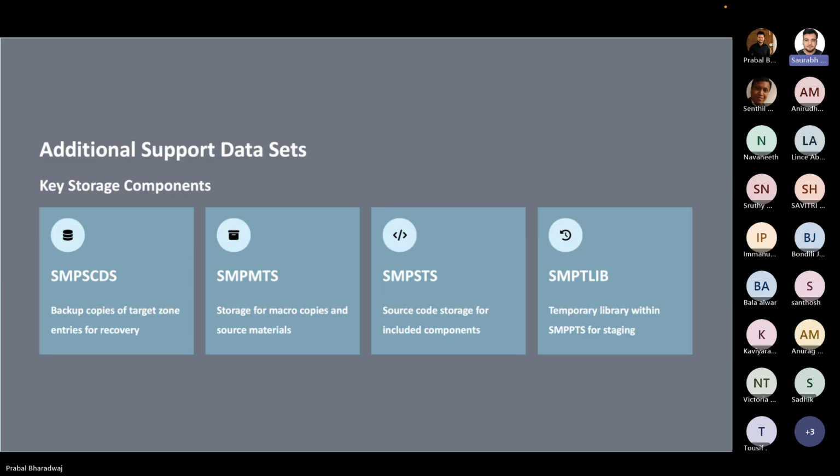It's like a staging table where SMP prepares changes before placing them into the target libraries. SMP manages it automatically, and nothing is permanent here. These are temporary, very short-lived datasets. Till the time your apply is running, these datasets will be there in the system. As soon as apply ends in failed or successful status, these datasets are deleted automatically.